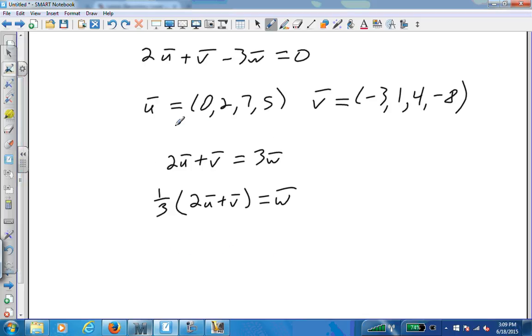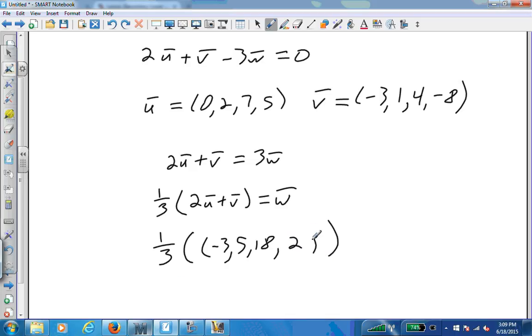So if we do twice U plus V, twice 0 plus negative 3, so negative 3, twice 2, so 4, plus 1, twice 7, so 14, plus 4 more, twice 5, 10, minus 8.